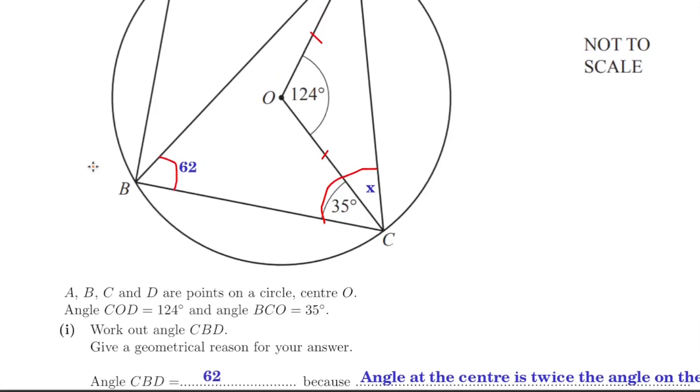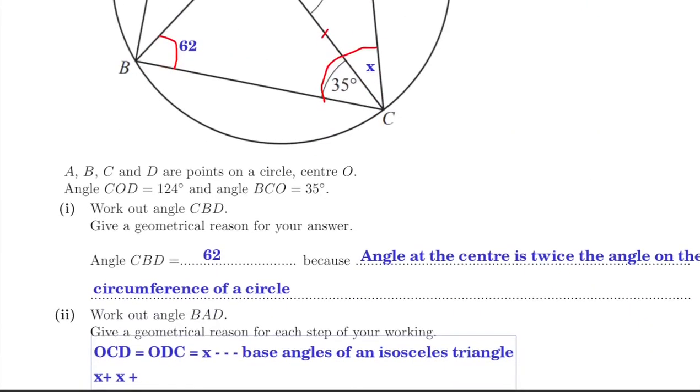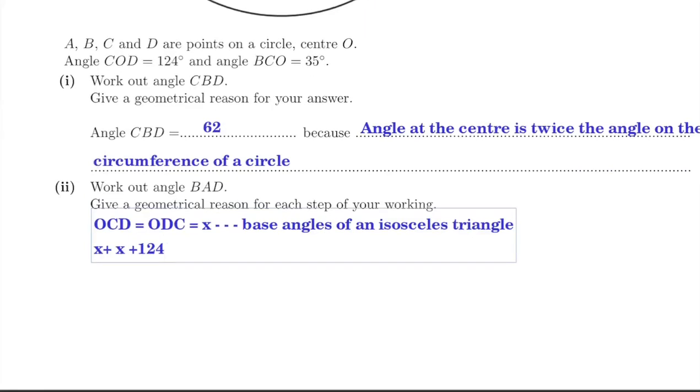Then to find the value of X, it's going to be X plus X plus the angle at the center there, that's 124. This is giving me 180. Before that, X plus X is 2X, plus 124 is equal to 180.